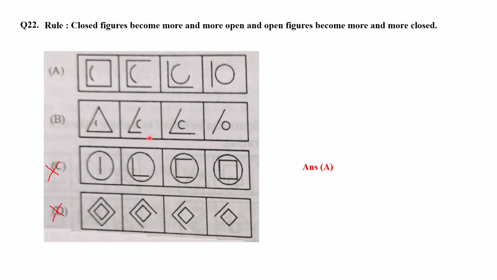It is not following the same order, isn't it? So I think it should be correct if the third figure were in the second place and the second figure in the third place. So this is also wrong. It should be in the proper proportion, isn't it? Now if you see the first part, this square was closed, slowly it opened, and the small curve slowly is getting closed. So A is the correct option which follows the rule.